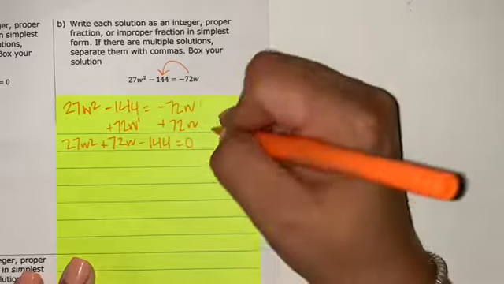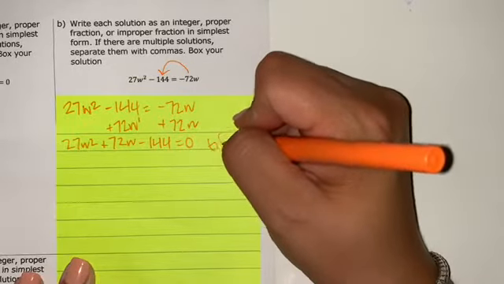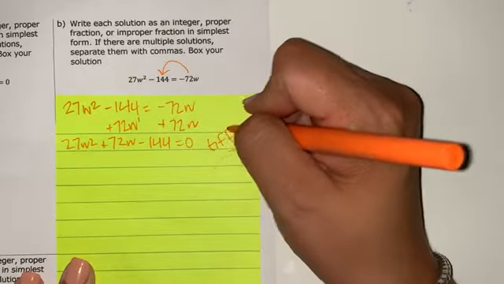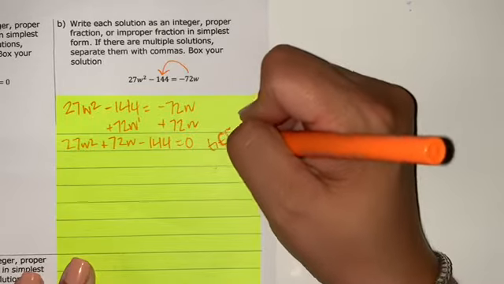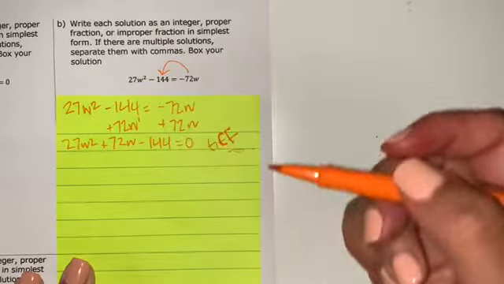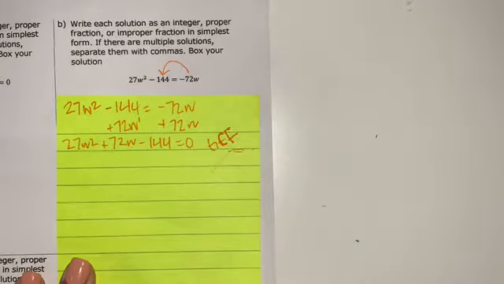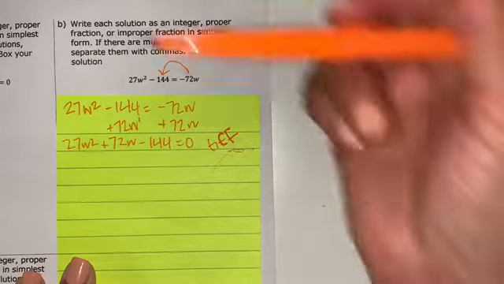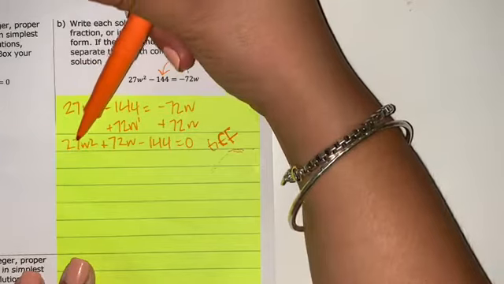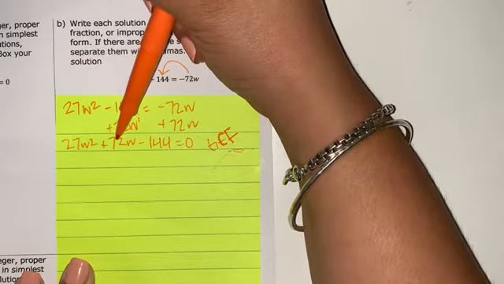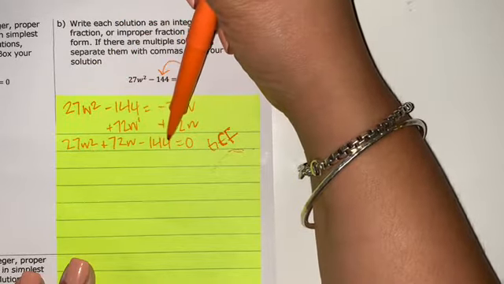And now I just want you to take out the GCF like the way you did the other one. Because these numbers are so large, we need to take out the GCF so we can get a simpler equation. The numbers they have in common are 3 or 9. So 9 goes into 27, 9 goes into 72, and 9 goes into 144.